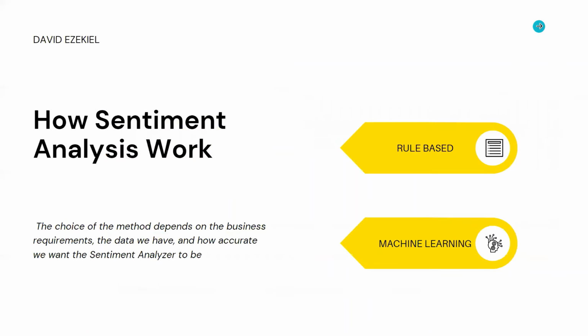Okay, so how does sentiment analysis work? The choice of the method depends on the business requirement, the data we have, and how accurate we want the sentiment analyzer to be. For those who know some things around machine learning, the first is what we call the rule-based system. Traditionally, this is the way sentiment analysis was done.